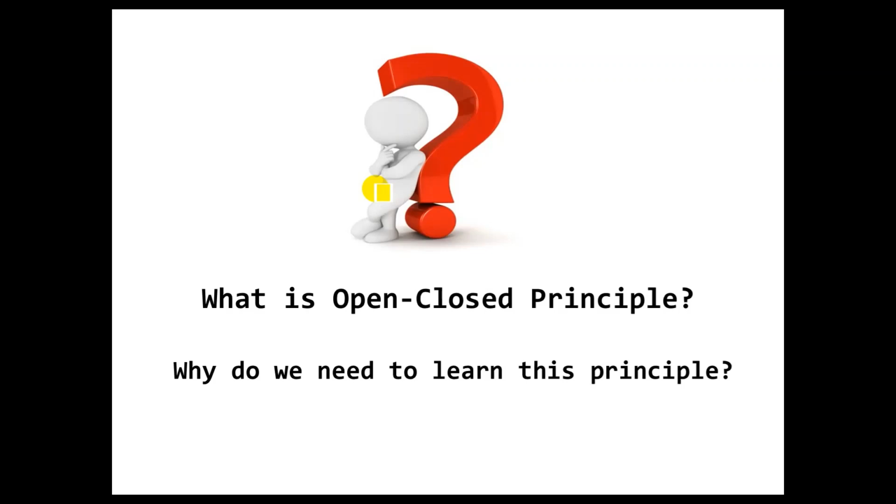The first one is what is it, and the second one is why do we need to learn this? So therefore, this is our outline, and the lecture is delineated in the context of these two questions. Okay, so let us move on.